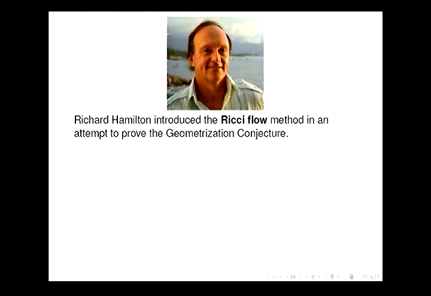Well, the first real attempt to prove the geometrization conjecture, which would include the spherical case, was by Richard Hamilton. He introduced the Ricci flow method. Now, this is something like a heat flow.